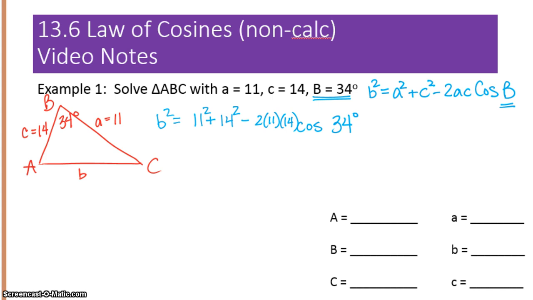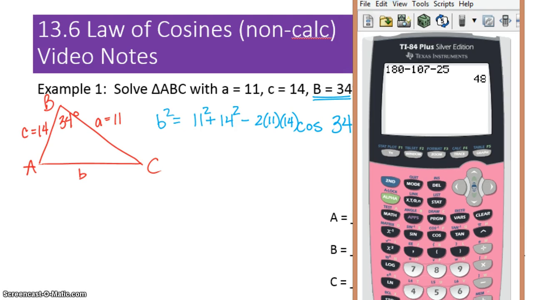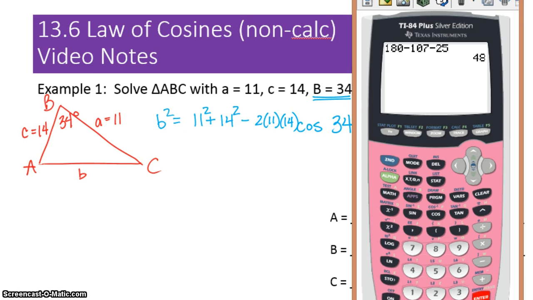So if I pull up my calculator here, I want to enter this exactly as I see it. I'm going to enter 11 squared plus 14 squared minus 2 times 11 times 14 times cosine 34.